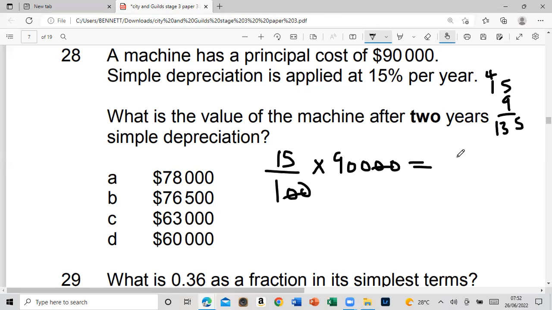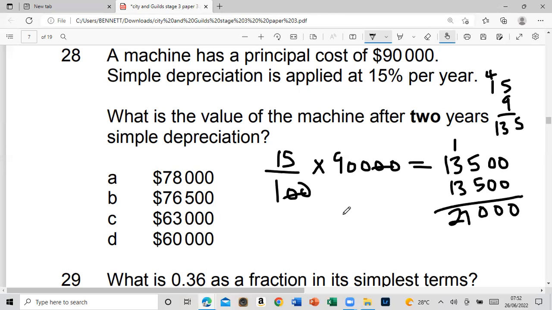So that's 135. And then we'll add the 0s. Because it's simple, it's not like the reducing balance method, whereas with CSEC, we'd do it differently. Subtract 27 from 90. Ignore the 0s for now. 7 from that, left 3, and I put 3. That's 63 total.